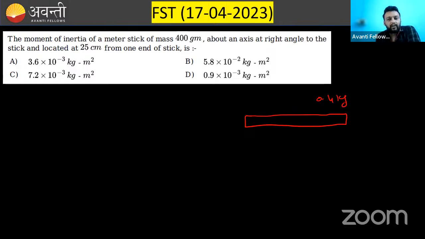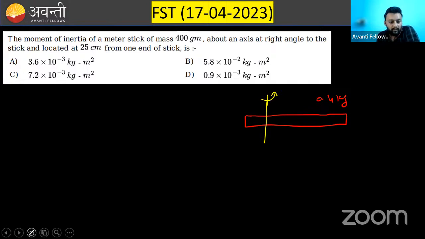They are asking about an axis perpendicular to the stick, located at 25 centimeter from one end of the stick. About this axis, they are asking the moment of inertia.